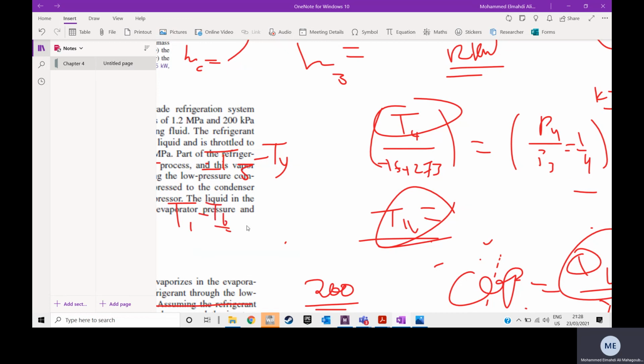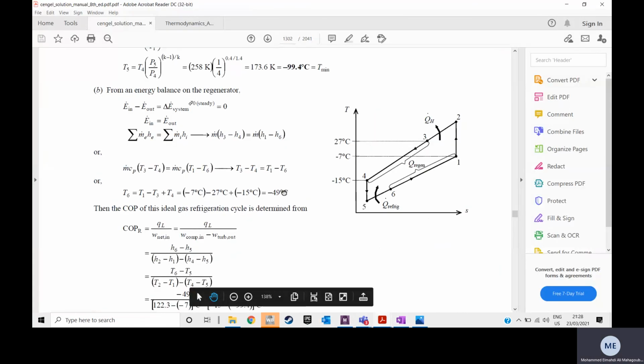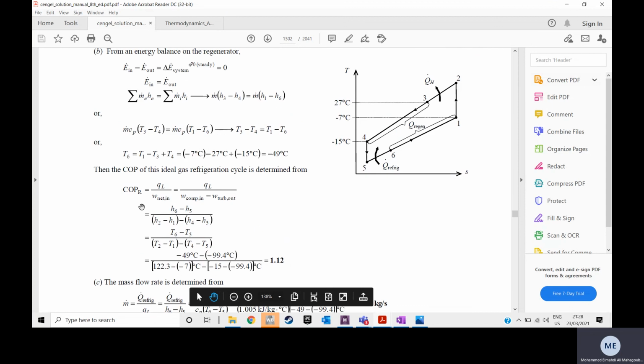And I want to find T6, so take T6 to the other side and bring those two to this side. So you will have T1 minus T3 plus T4 equal to T6. That's the equation, and that's correct. So this is minus 49. And now I can find everything.